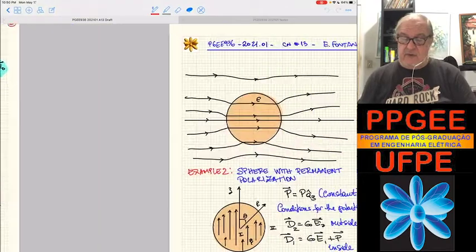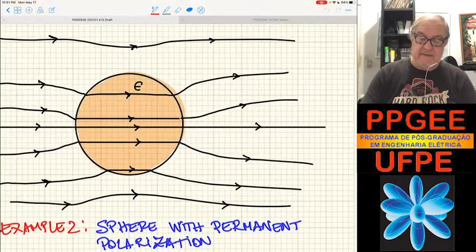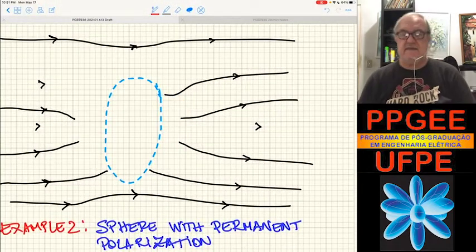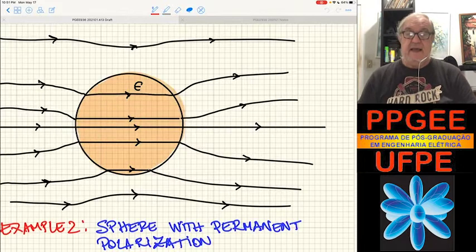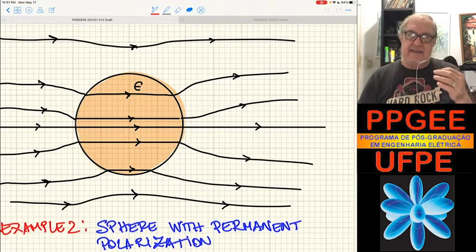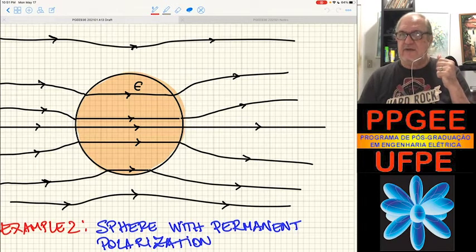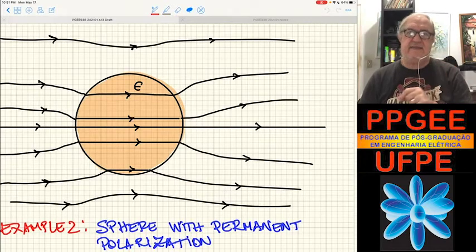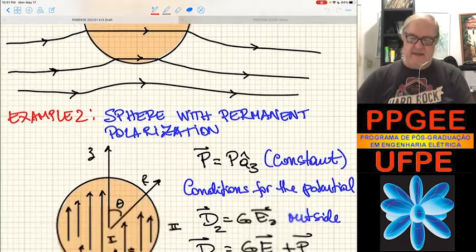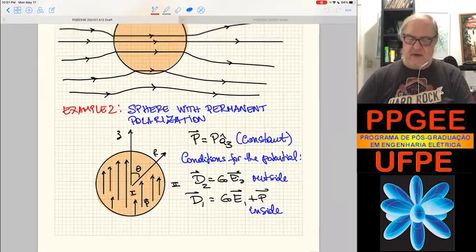And also notice that the inside field is constant. This problem shows how to generate an exact potential function of the dipole field. We're going to show that in the next example in a more precise way.